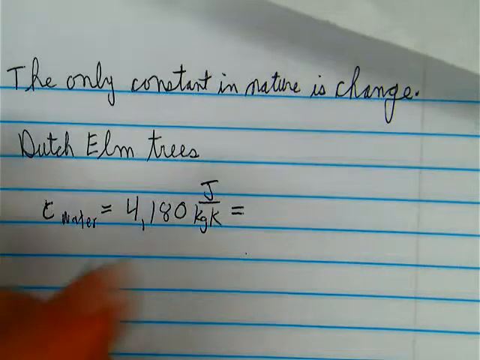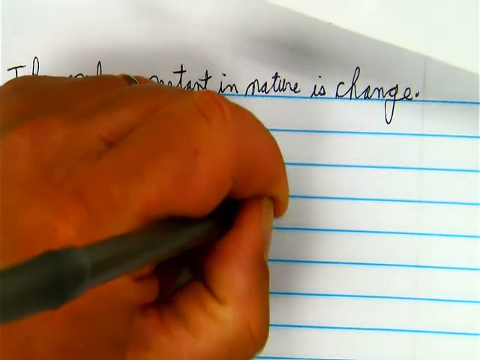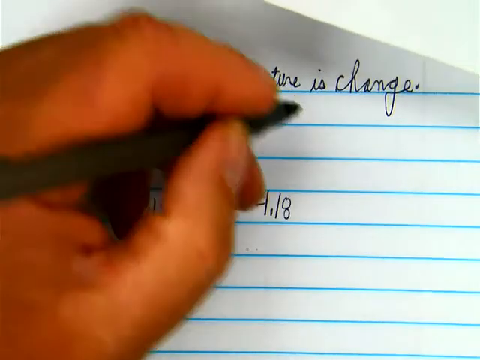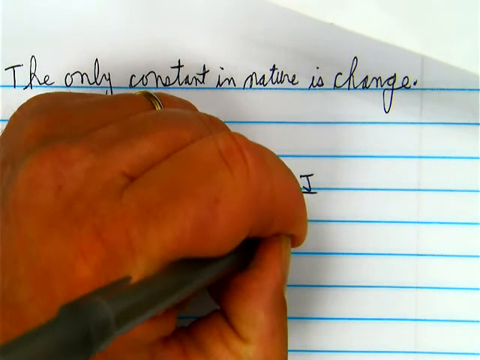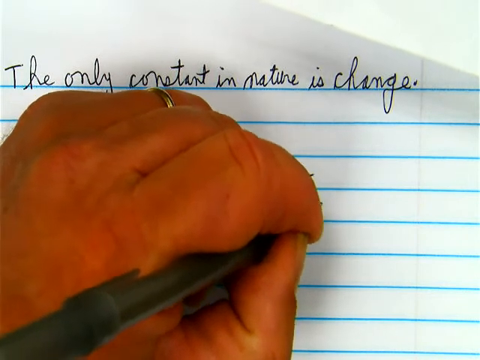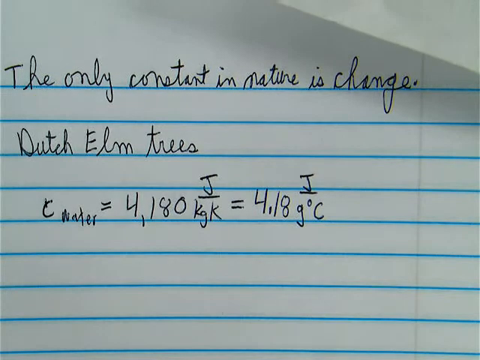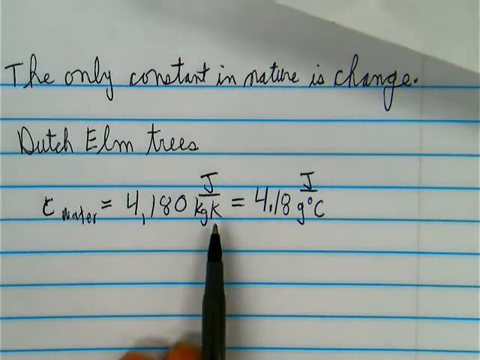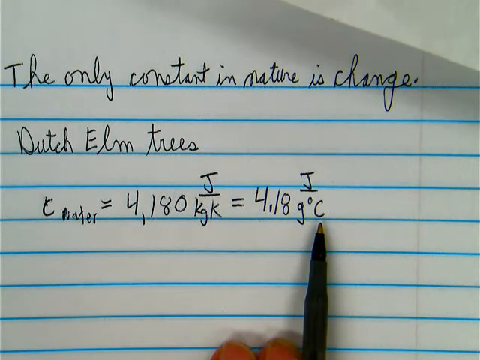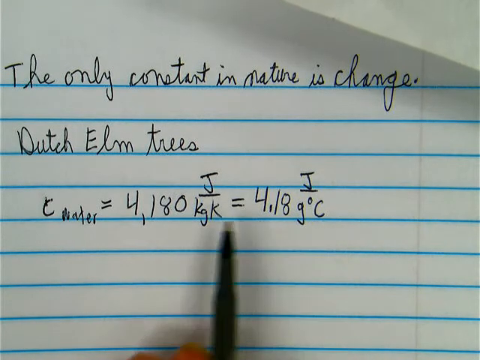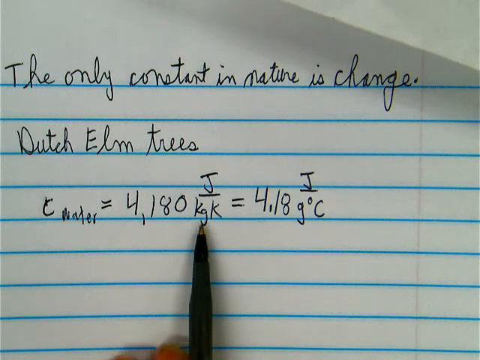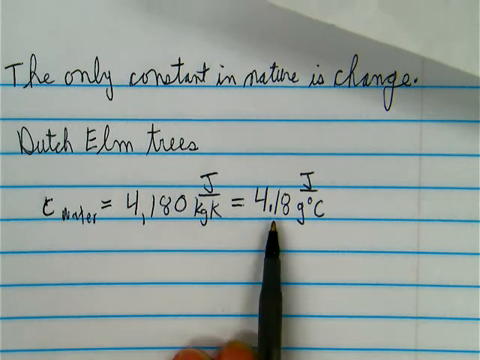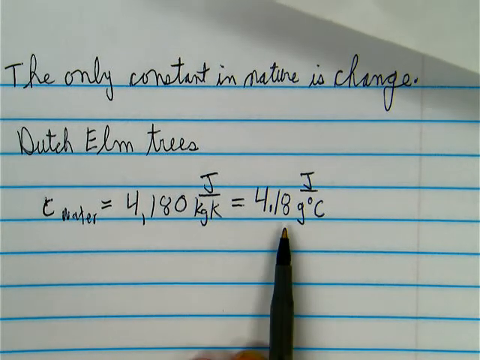That is equivalent to 4.18 joules per gram per degree Celsius, because a change of 1 Kelvin is a change of 1 degree Celsius, and there are 1,000 grams in a kilogram. So move the decimal point 3 places, and now you have it in the units that we've been using during the current school year.